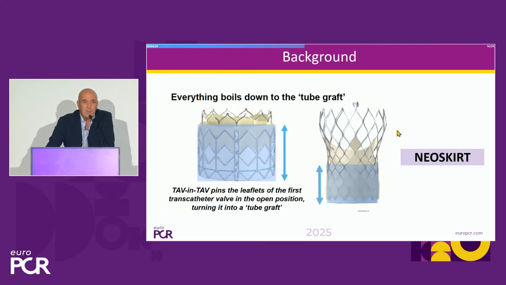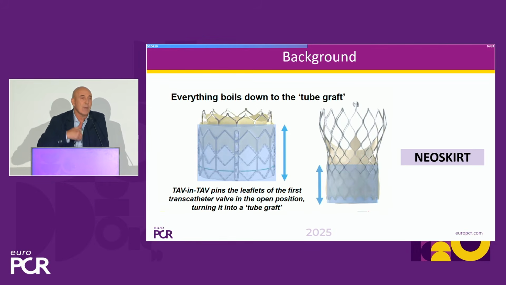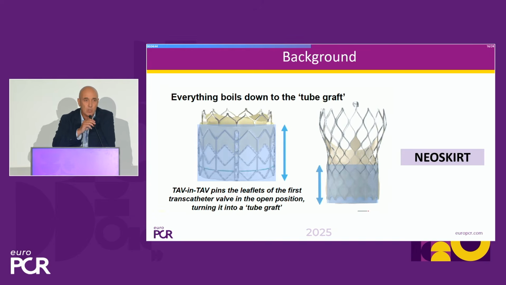And TAV in TAV is something challenging. Of course, it depends on the original anatomy, on the type of valve you are going to treat, and on many other things. It's not the purpose of this talk to discuss this, but the very important message is, in any case, once we are placing a valve inside another valve, we create a neoskirt.